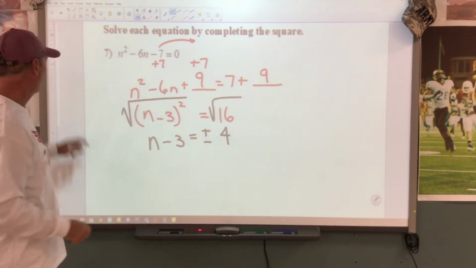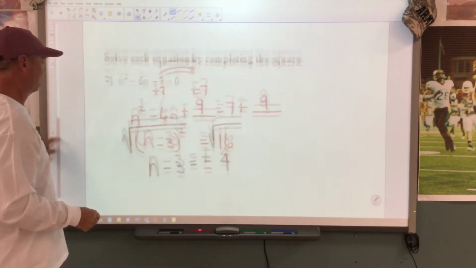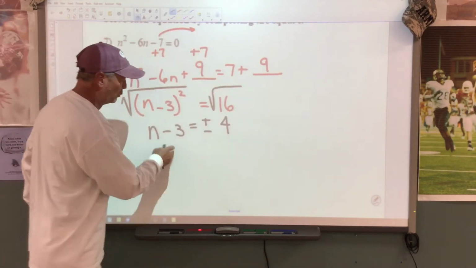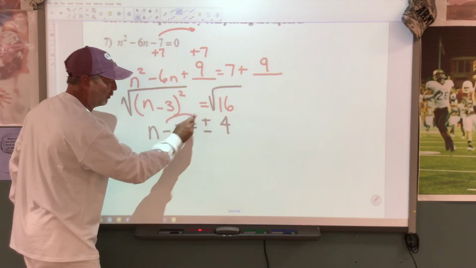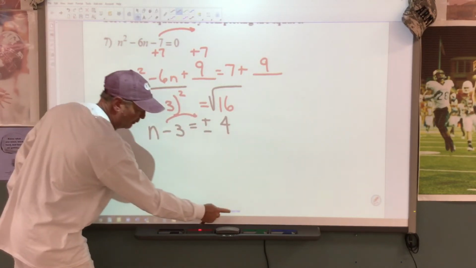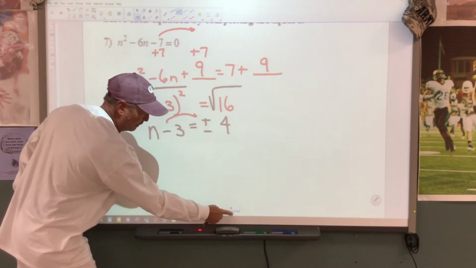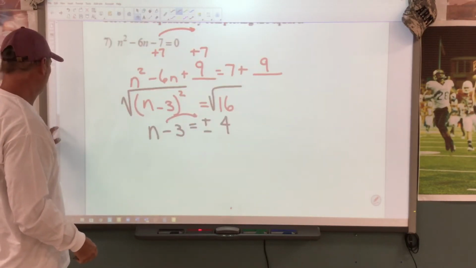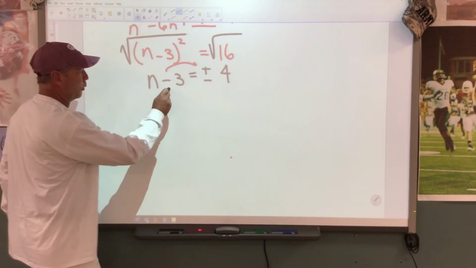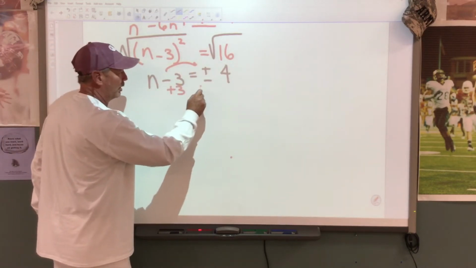We're almost done. But the next step is we need to move this 3 to the other side. We need to move the 3 over here to this side of the equation. Let me give you a little bit more room so you can see it better. So we're going to go +3, plus 3.